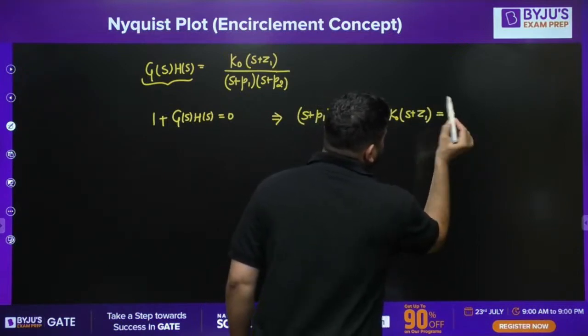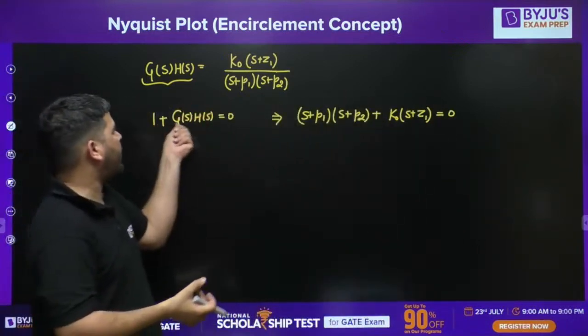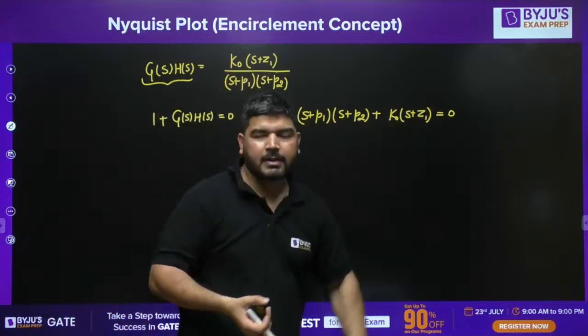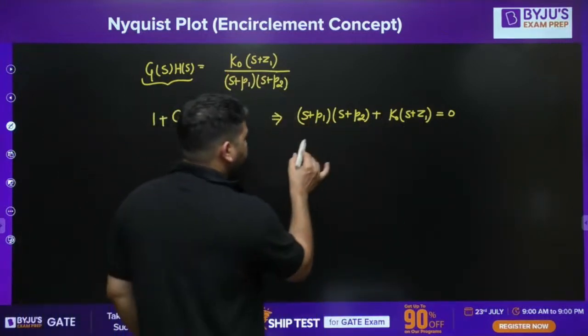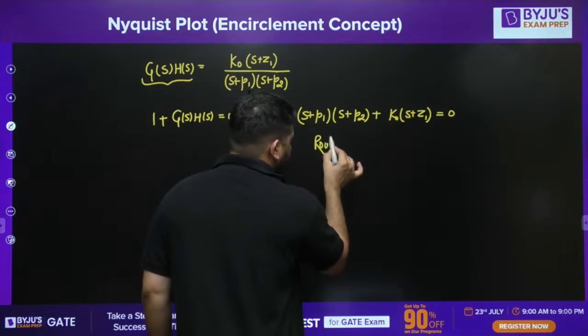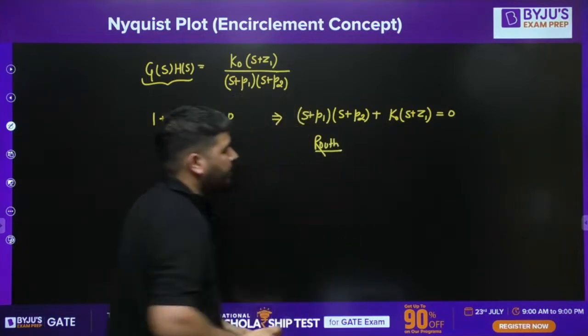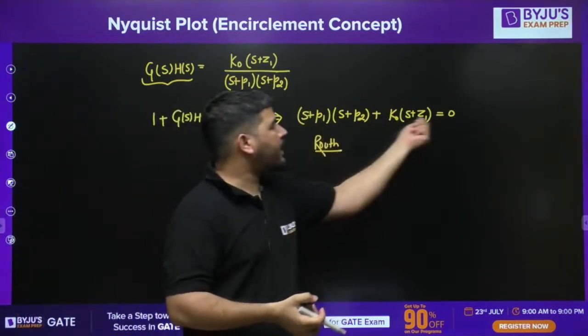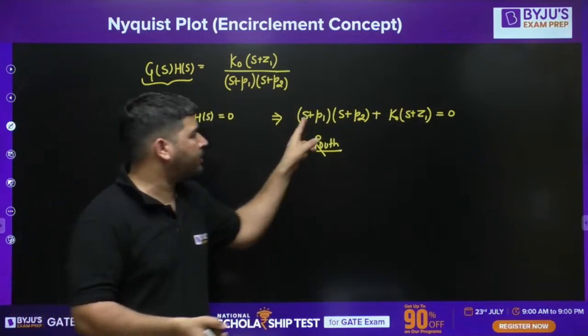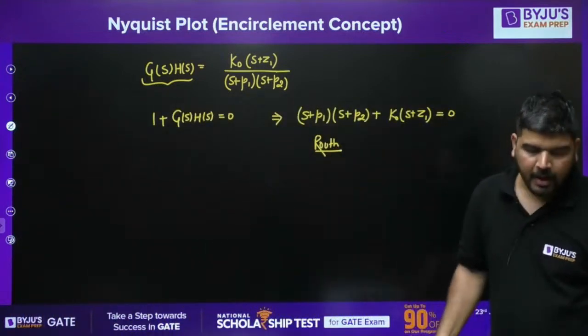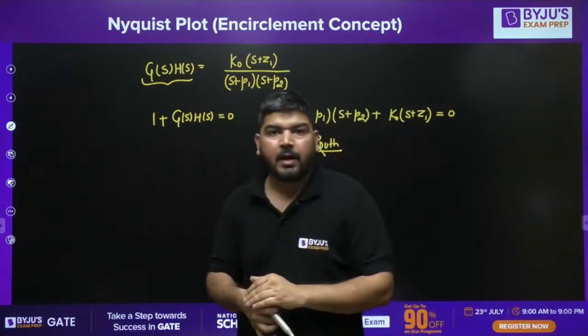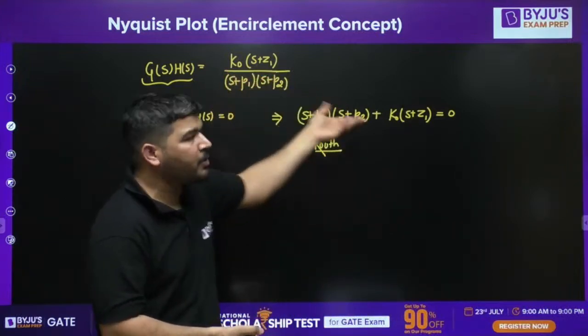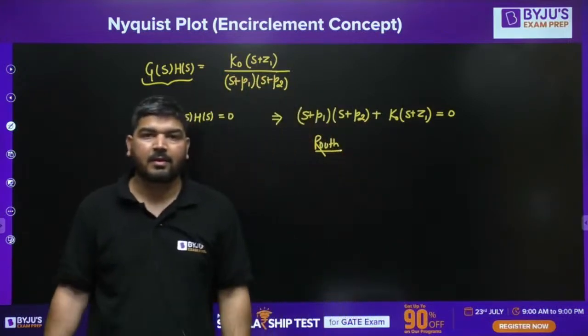If you add 1 to it and take the LCM, this is the characteristic equation. Now you can apply Routh. Using Routh you can check how many poles of this closed loop system are lying in the right half of the S-plane.